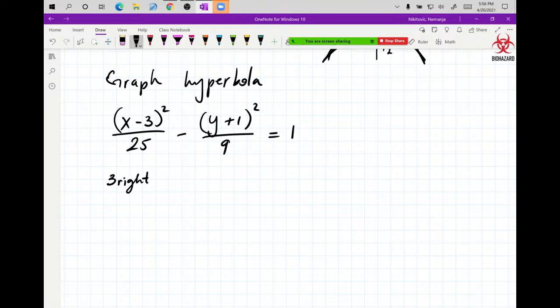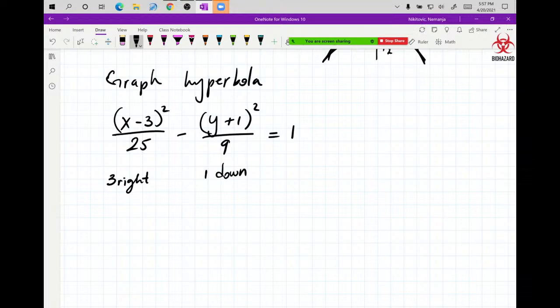And then we have y plus 1. Now, plus 1 in this case means it goes down. The motions are opposite to what you would expect. So the formula is x minus h and y plus k, the same as for the ellipse, and this one is going to go 1 down.